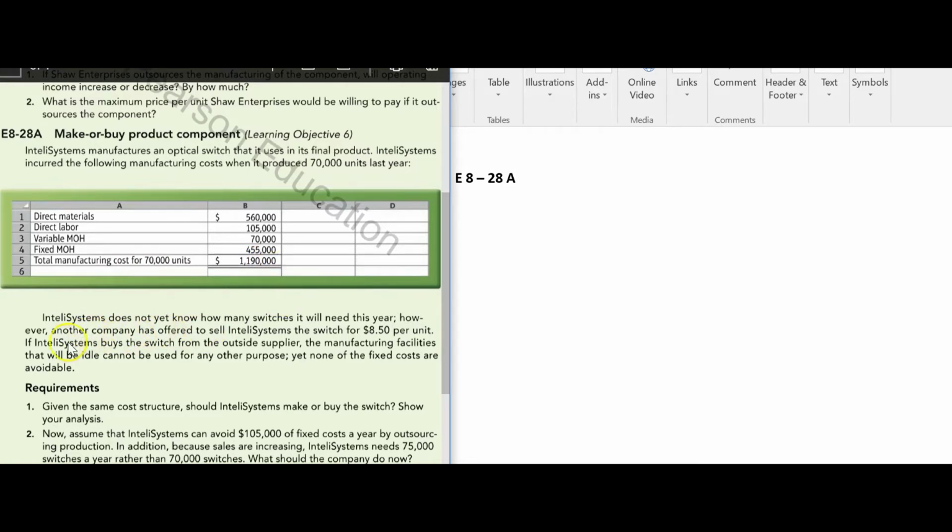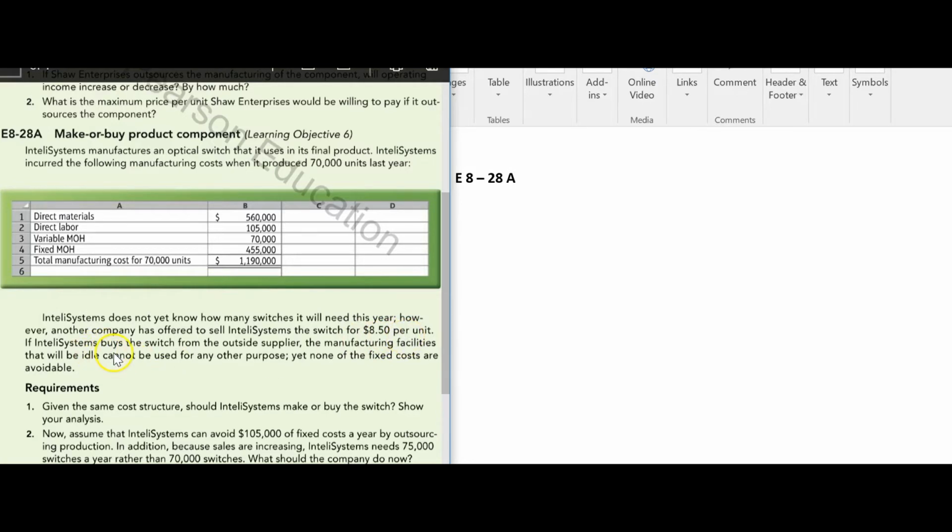$1,190,000. Now this year IntelliSystems does not know yet how many switches they will need, and they found another option: an outside company has made an offer to sell the same switch to IntelliSystems, and that costs $8.50 per unit.